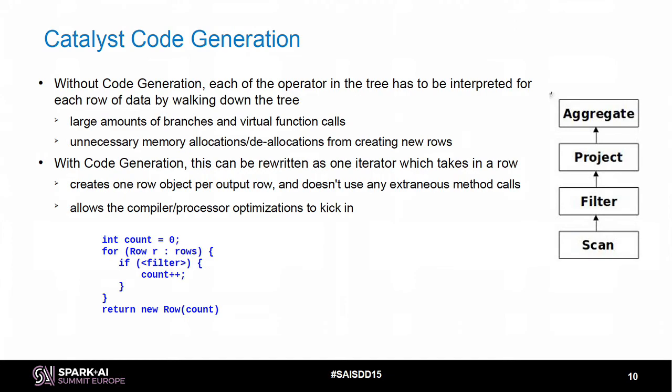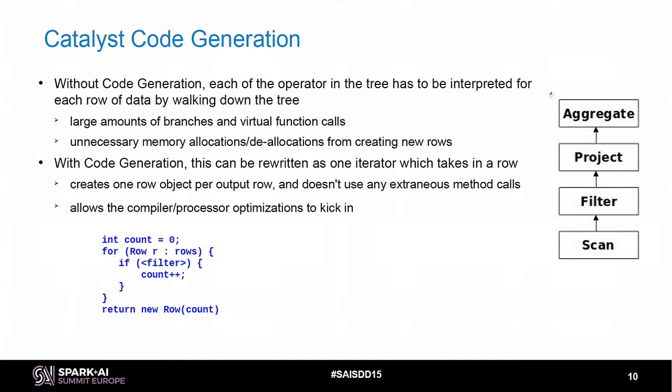Each of these nodes is implemented as a separate class with its own routines in which the logic is embedded. So running this query means executing each of these nodes with their routines invoked.